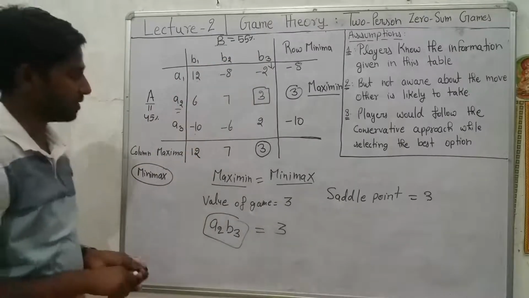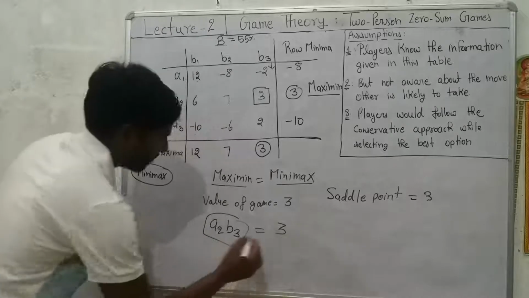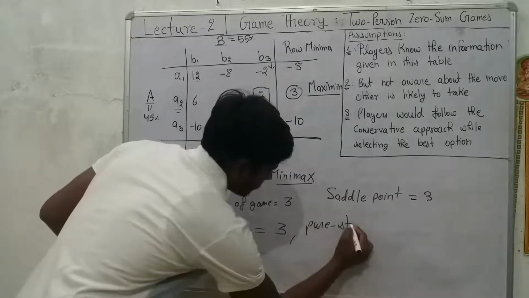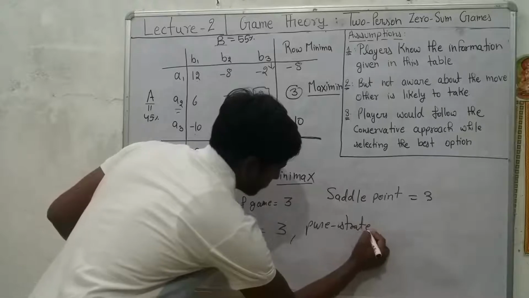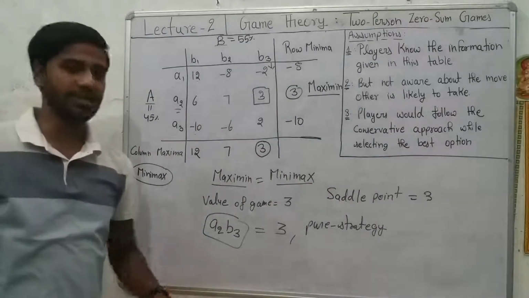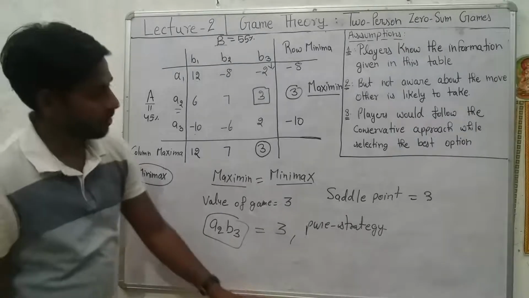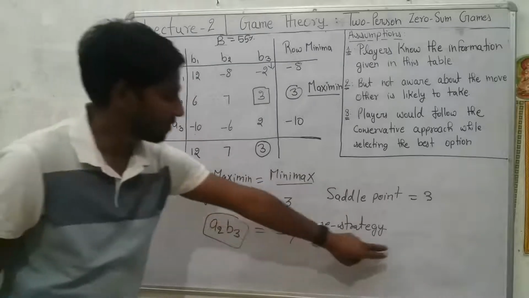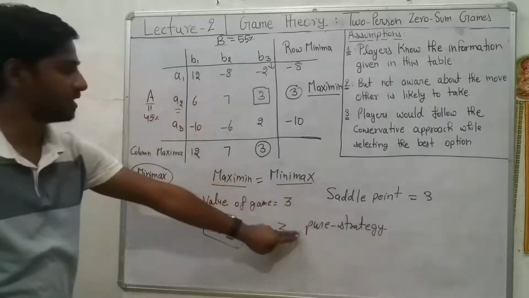So we will call this situation pure strategy selection, or we would call them pure strategies, because in a problem when we have a saddle point, the players would select pure strategies.